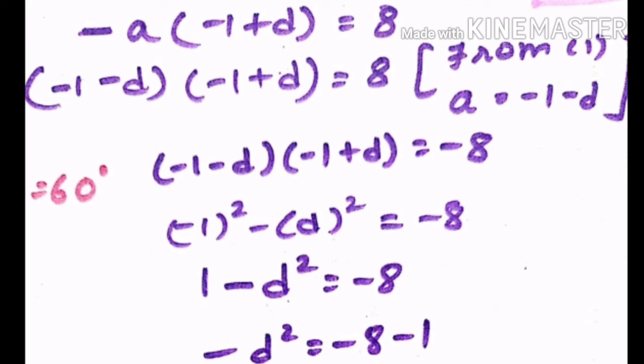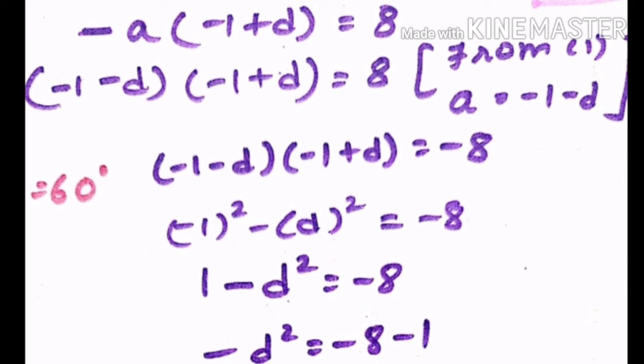Now in the next step we will multiply this minus a with minus 1 plus d. So here I have substituted the a value. Students, from where do I get the a value? From equation number 1, you can find a value is equal to minus 1 minus d, which I have written in the bracket. Now this a value I will substitute there. So I write minus 1 minus d, and minus 1 I keep outside.